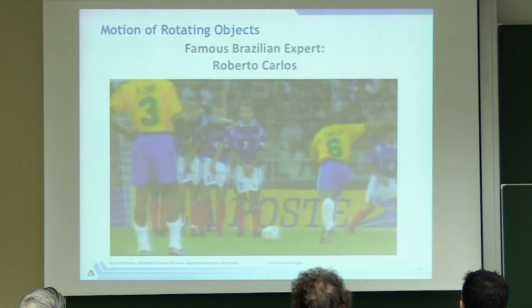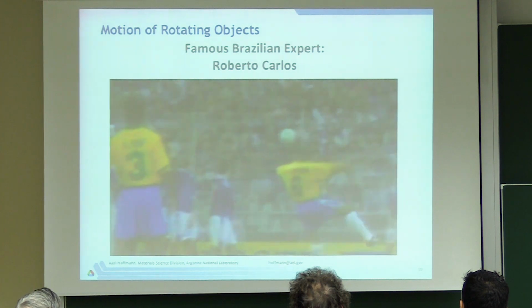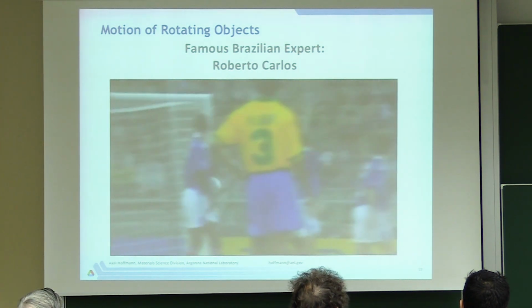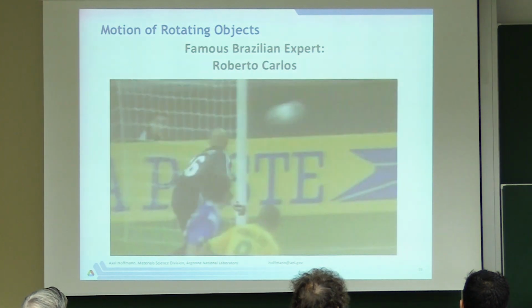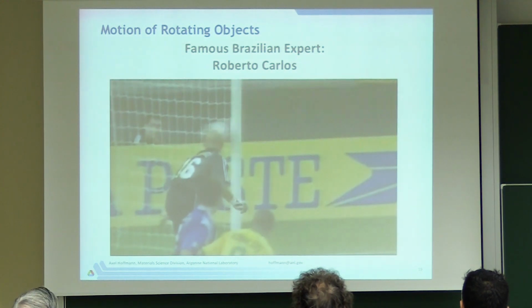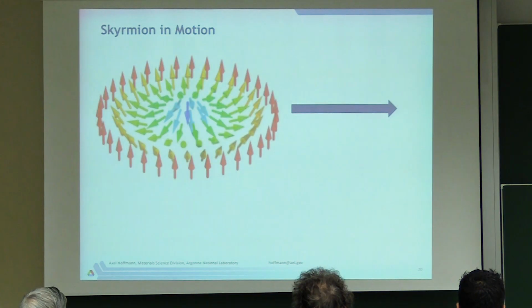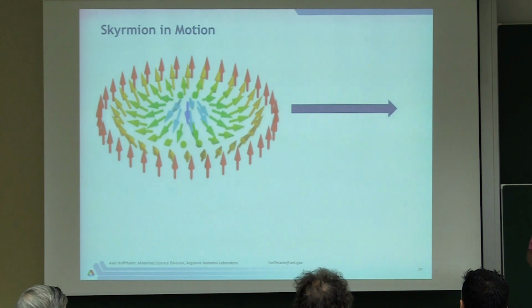you may ask yourself, excuse me, how has any of this anything to do with skyrmions? What's rotating there? Well, so the fact of the matter is, if you move a skyrmion in your magnetic material, of course you don't take all the spins and move them.